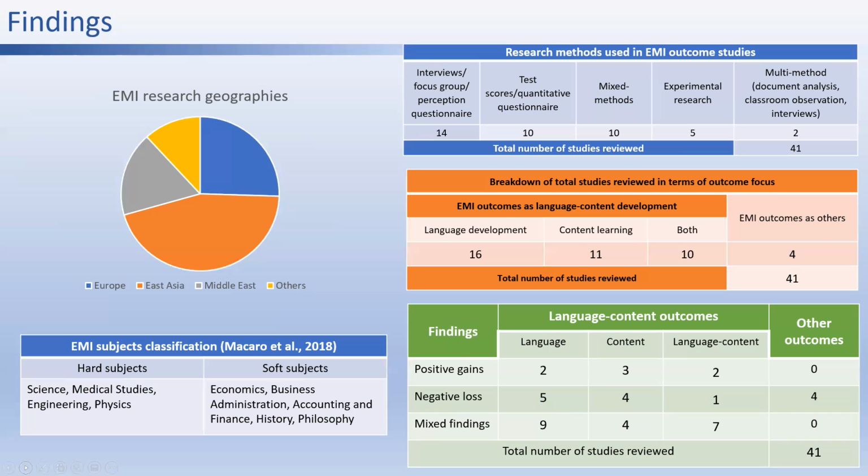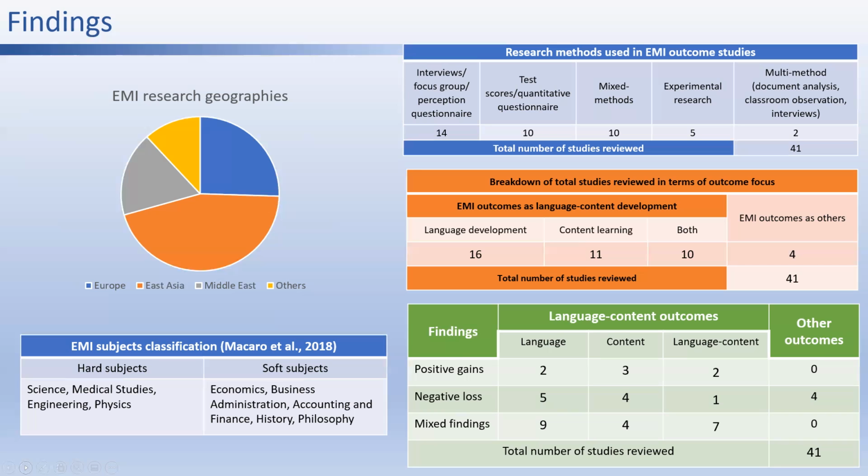Okay, so in terms of research methods that have been used in EMI outcome studies, a total of 41 studies were reviewed. 14 of them used qualitative methods like interviews, focus groups, or perception questionnaires, being the dominant research method.